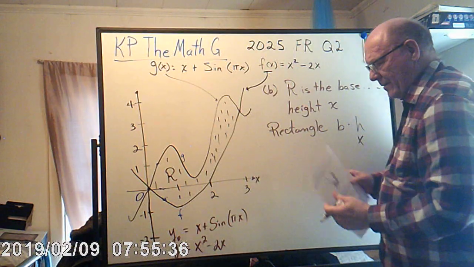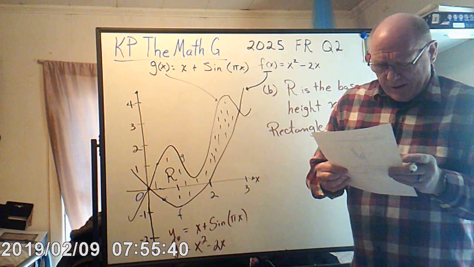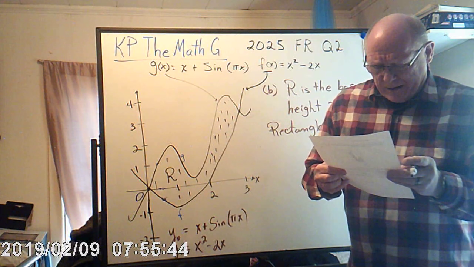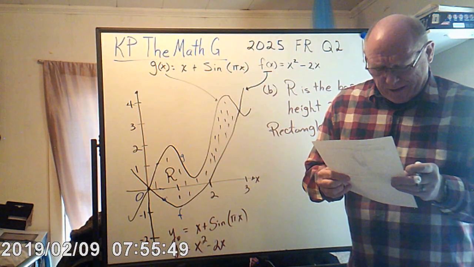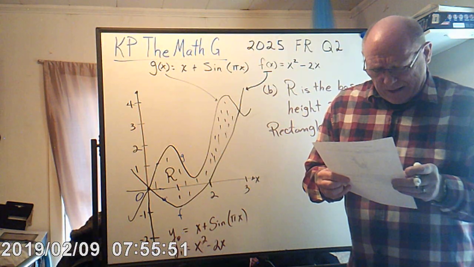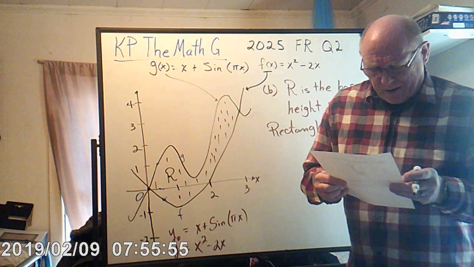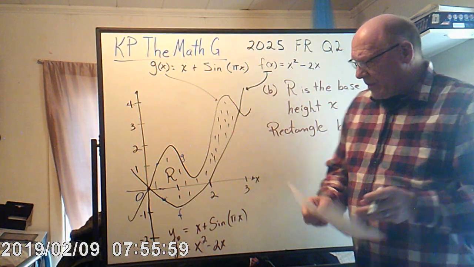Now, okay, so let's see what we got here. It says, let's see, the cross section perpendicular to the x-axis is a rectangle with height x and the base in region R. Find the volume of the solid. Okay, so it says cross section.